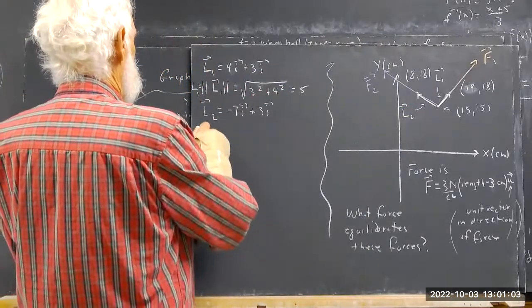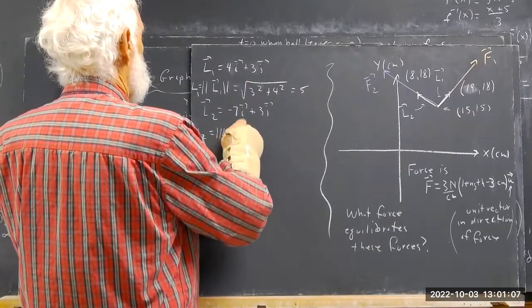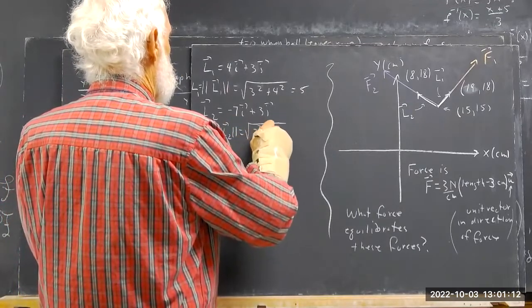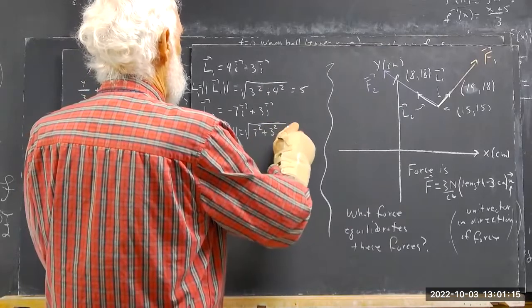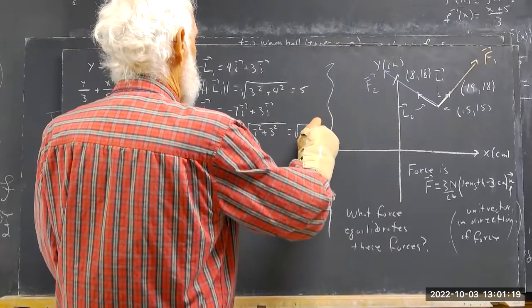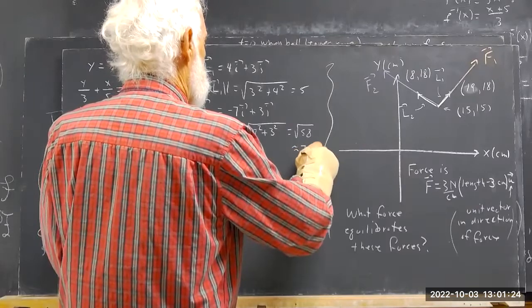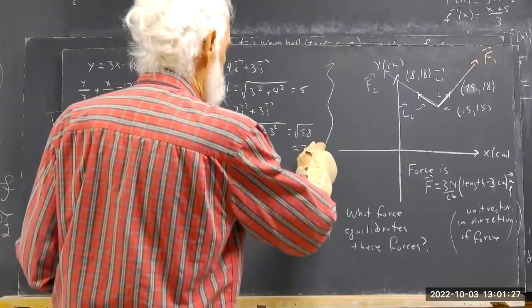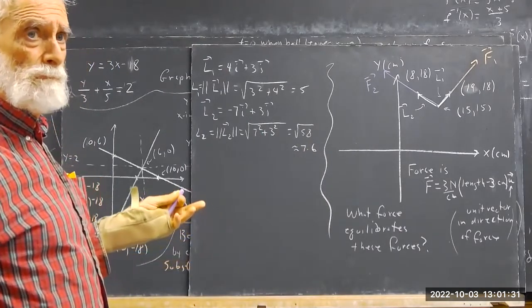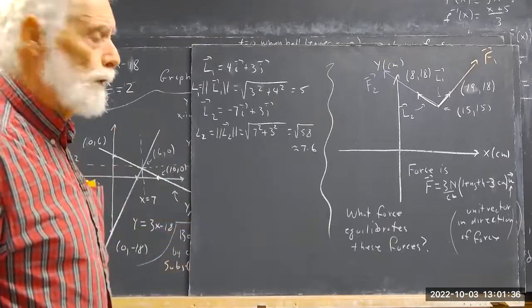The magnitude of L2, well, that's the square root of 58. It felt like 7.6. Is that about what you got? You don't have to say anything; if it's within a tenth, it's okay.